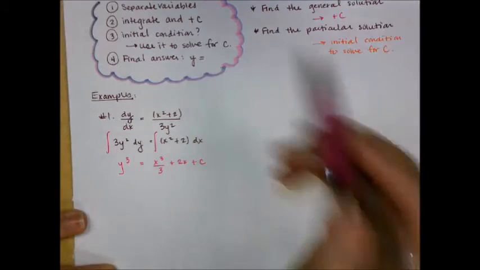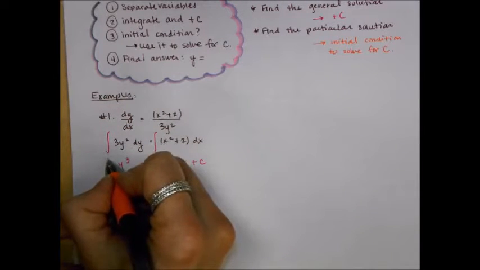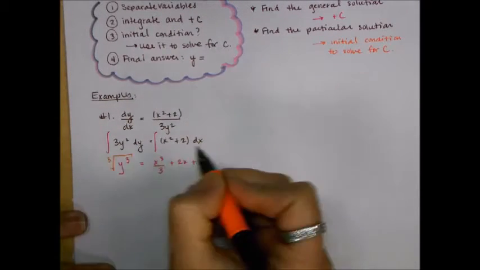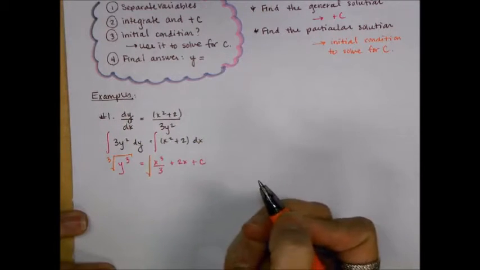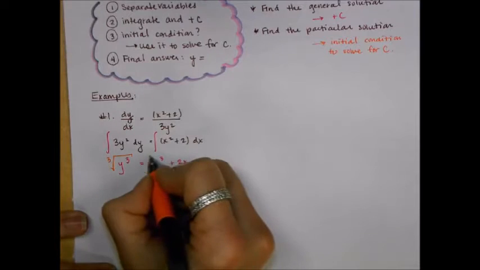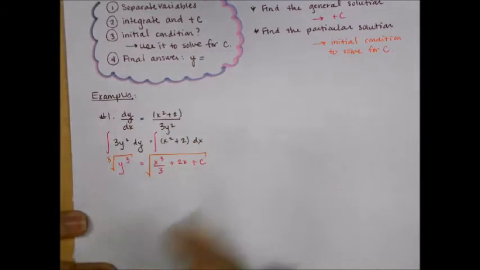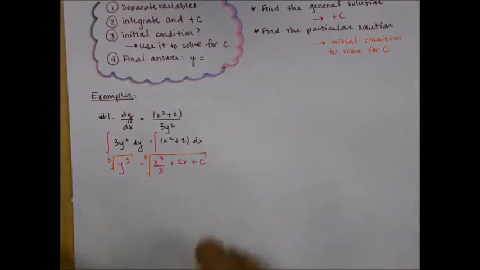So to get y by itself, I want to take the cube root of each side. Now on the left, you're not allowed to take the cube root of each term individually. It's cube rooting the entire thing, just like if you wanted to multiply by something. Okay, so raising it to the 1/3 power or cube rooting it.